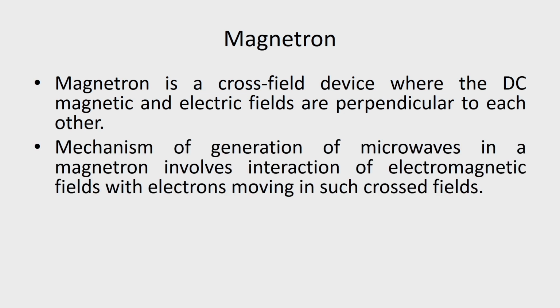The mechanism of generation of microwaves in a magnetron involves interaction of electromagnetic fields with electrons moving in such cross fields.